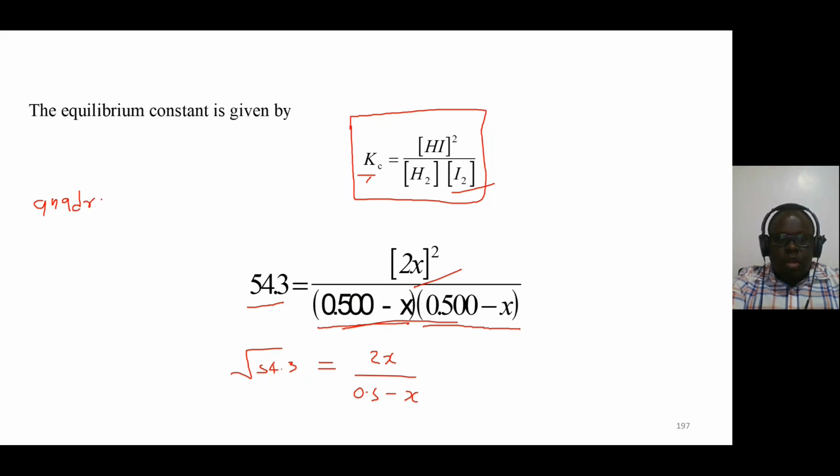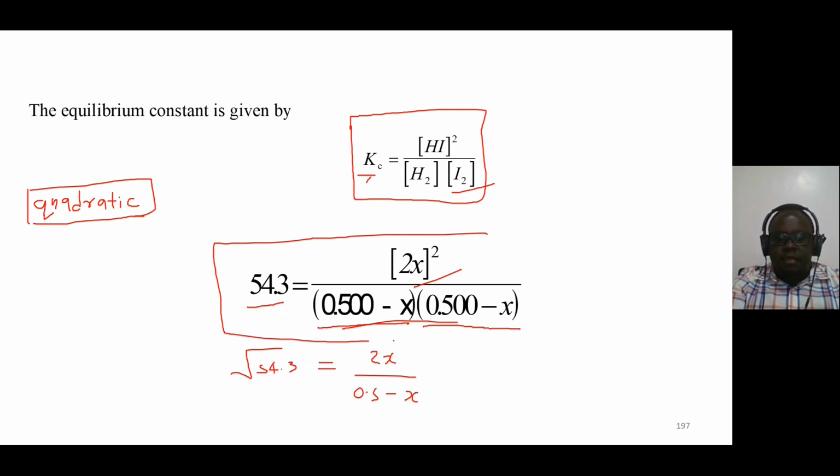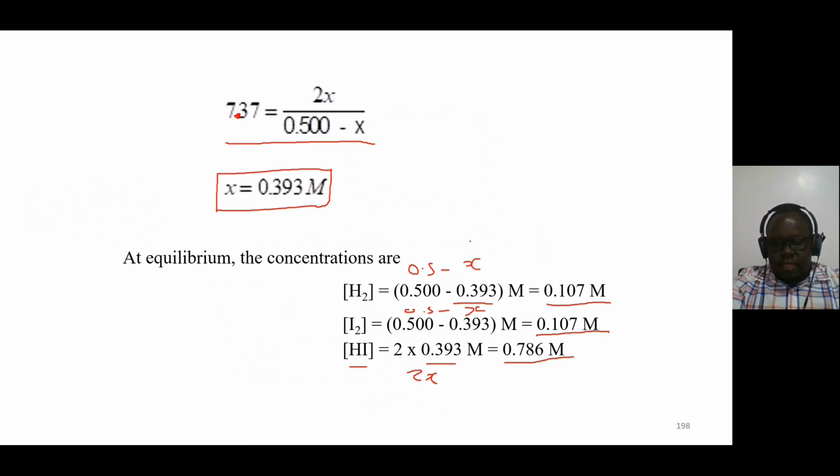So where you end up with quadratic expressions, you might have to solve those quadratic expressions to find the value of X. So you need to remind yourself on how to solve quadratic equations in case, as you are looking for the value of X, you end up with a quadratic expression. Okay. So I'd like to stop there for now.